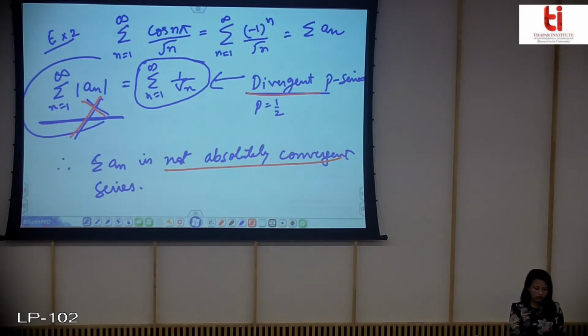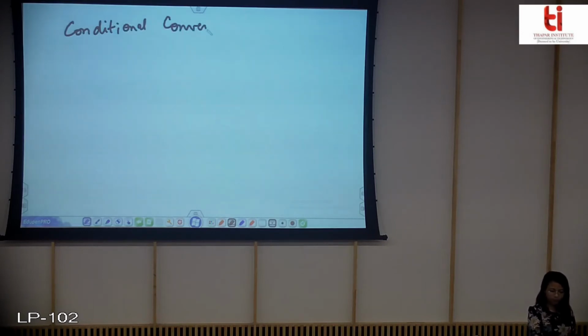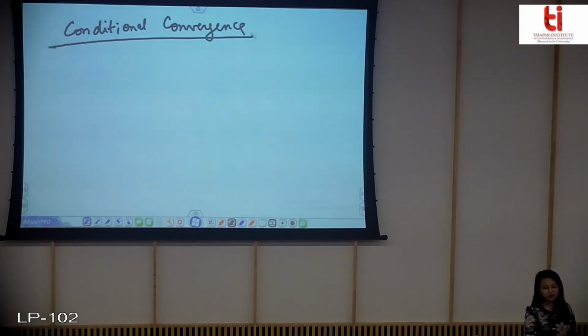Now there is another type of series that is called conditionally convergent. So let us see what this means. Conditional convergence. So I'll write it down.